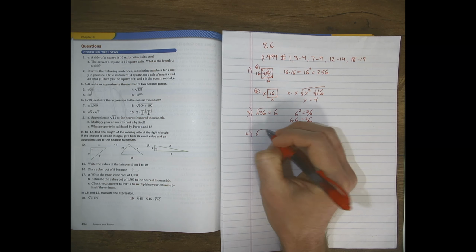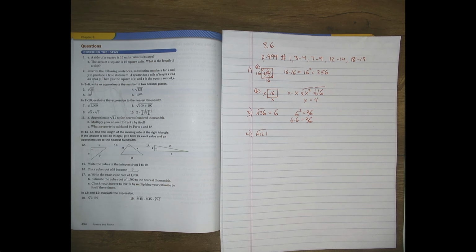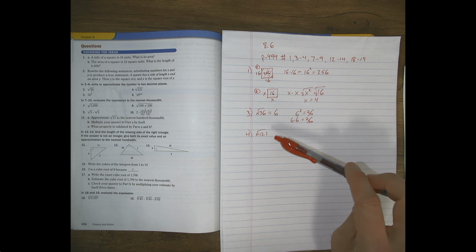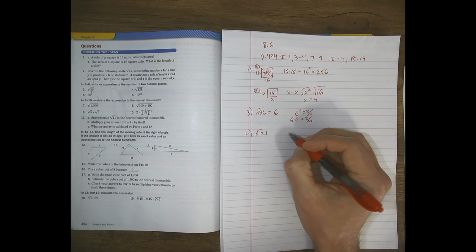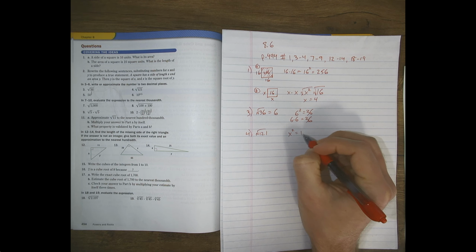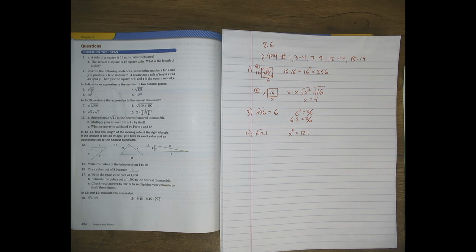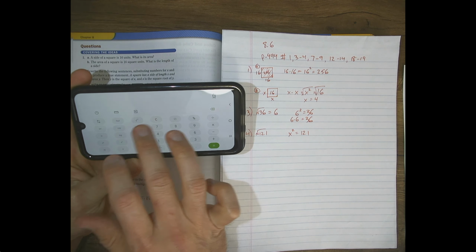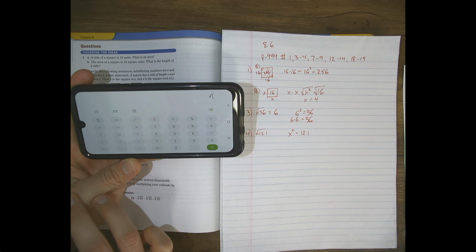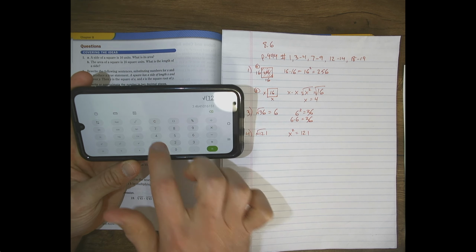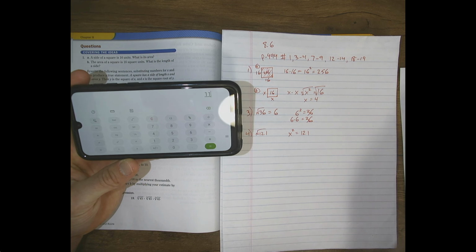Number 4, square root of 121. So we need to think of a number that when you multiply it by itself, something squared, gets me 121. So you probably don't know that one right off the top of your head. So if we go ahead and just take the square root here, square root of 121, we'll get 11.